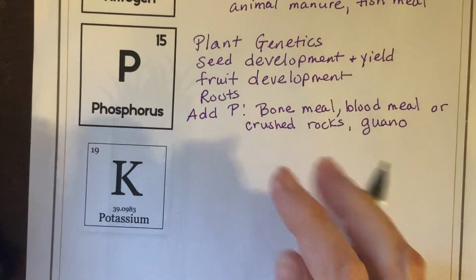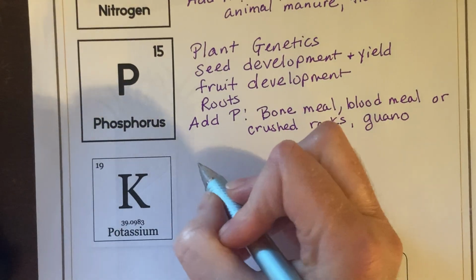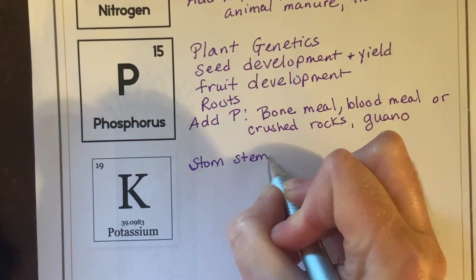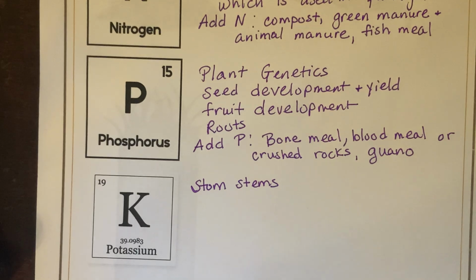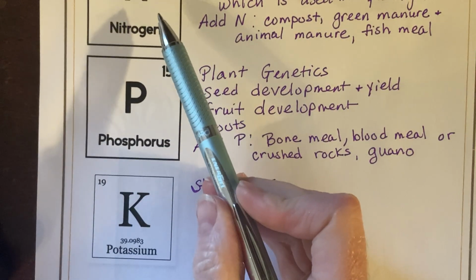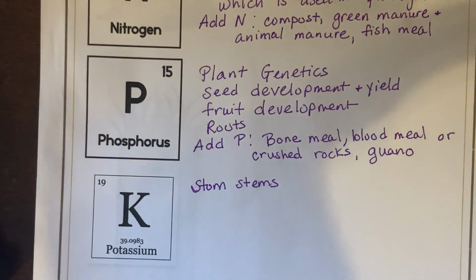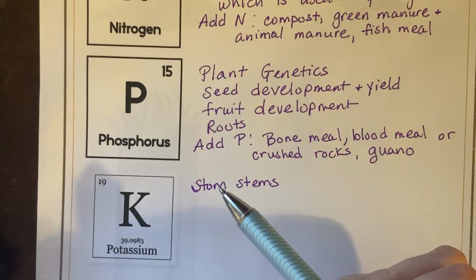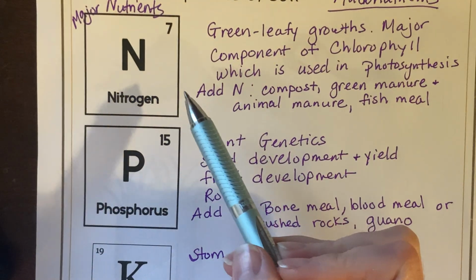Okay, now let's do potassium. Potassium is really important for strong stems. By the way, I was talking with somebody who did a soil test and it came back really great in nitrogen, but really low in potassium and phosphorus. They said, that's why I had a really good jalapeno plant.